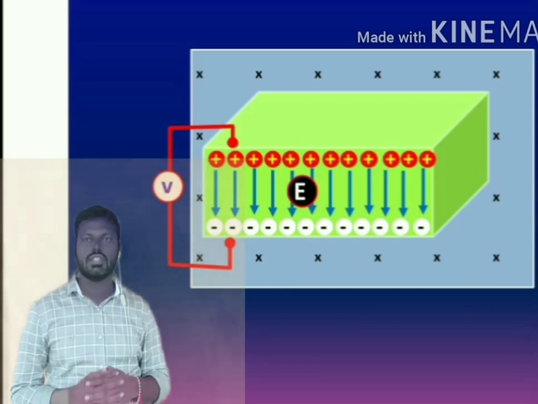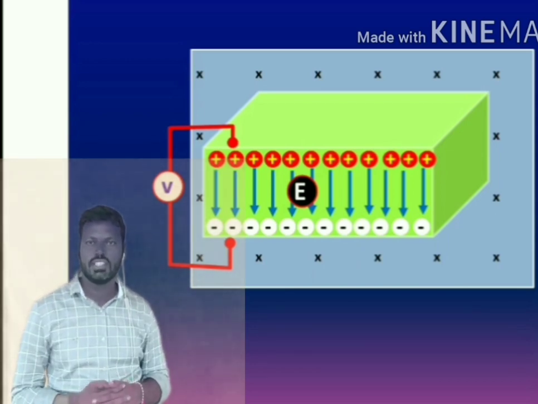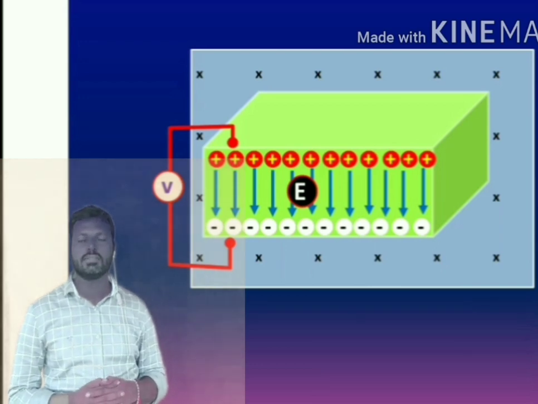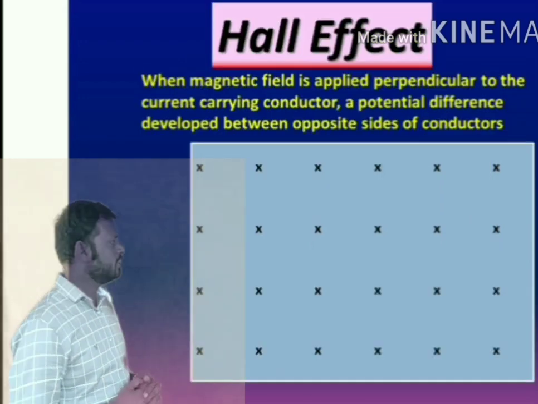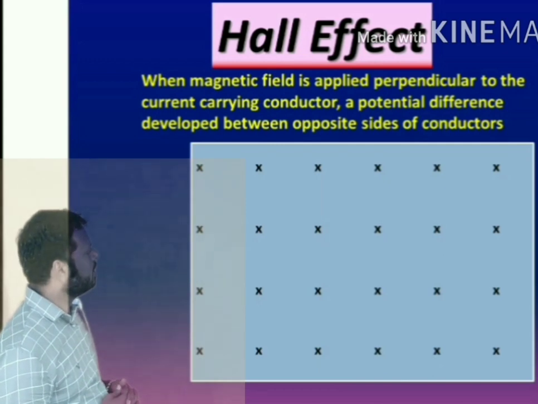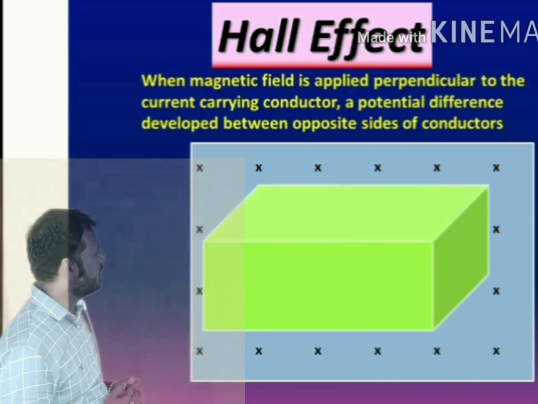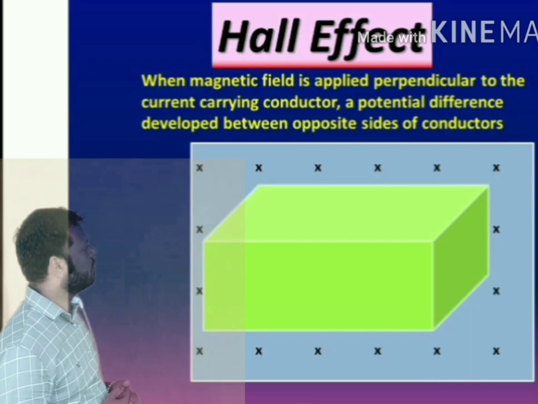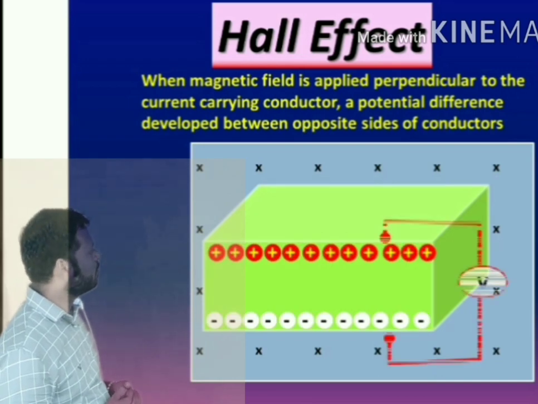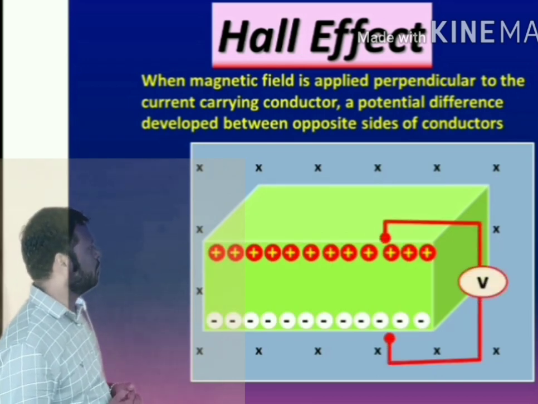This phenomenon of inducing potential difference is called Hall effect. So Hall effect is when a current carrying conductor is placed perpendicular to the magnetic field, then a potential difference is developed between two opposite sides of the conductor.